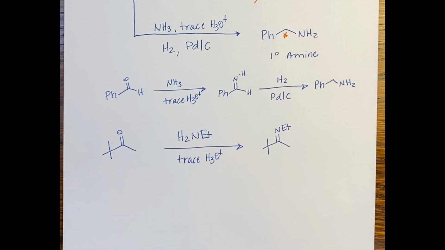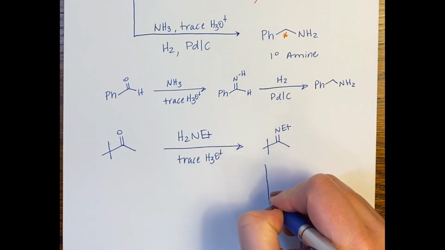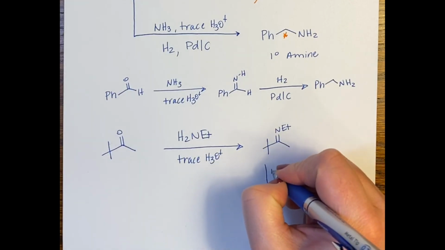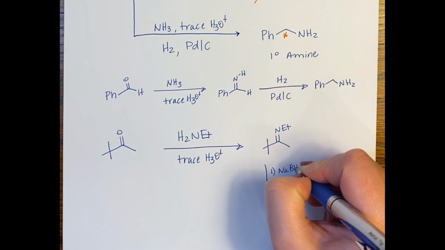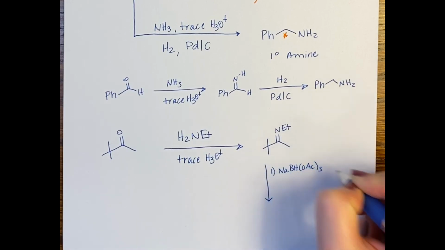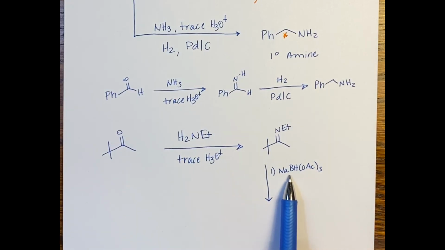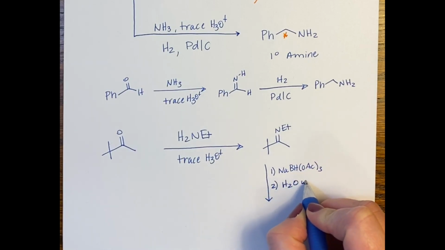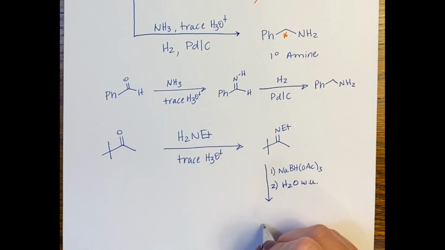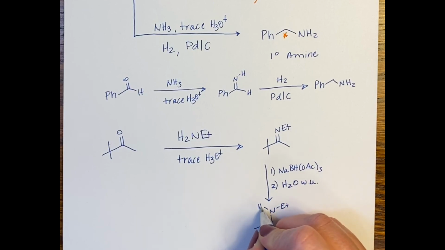Now I can treat this imine with a specific reducing agent, sodium triacetoxyborohydride, where I have 3 acetate groups bonded to my boron. My boron has 1 hydrogen. I have a sodium counter ion, so that this is going to be a source of H-. This is going to be a reducing agent. I'm going to follow this with a water workup. And the product that I get out of this reaction is this one, where this is a secondary amine.